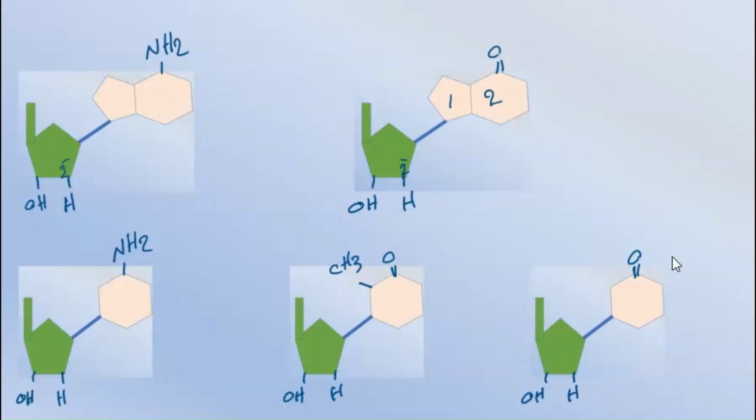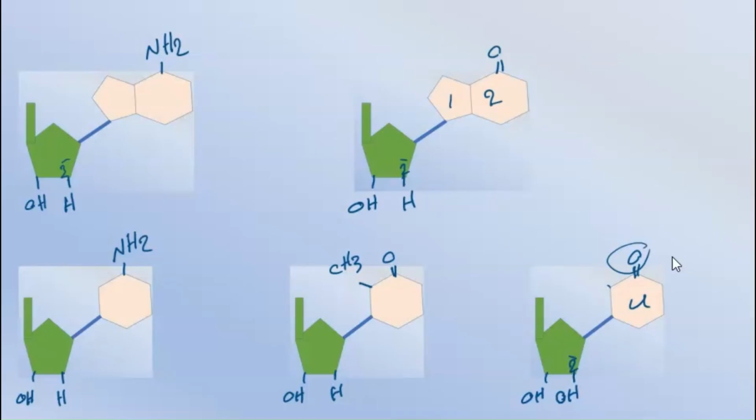And I hope you didn't say deoxyuridine, because remember, this is uracil, because there's no NH2 group, and there's no methyl group, so it's going to be uracil. However, technically, it could be found in DNA, but it would be an error and it would be wrong, okay? So the correct manner to write this would be to add an oxygen group on the 2', right? So it becomes uridine. Great.